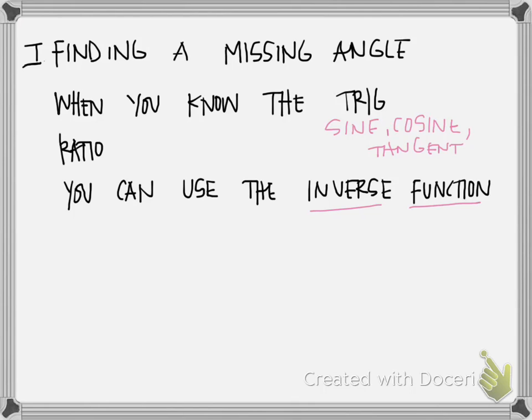So remember that sine of x is equal to your opposite side over your hypotenuse side, right? Well, I can solve for x by taking the inverse function of the ratio.